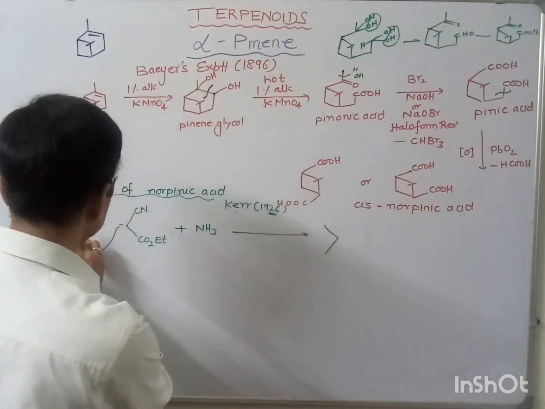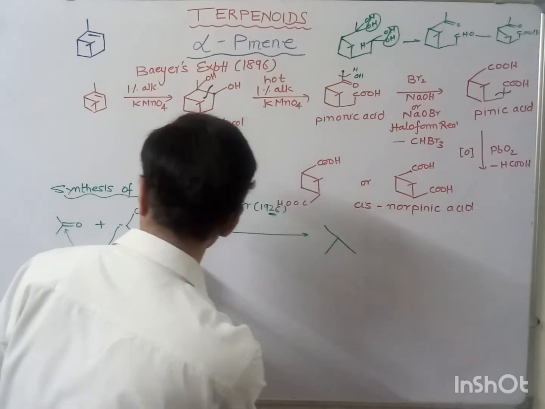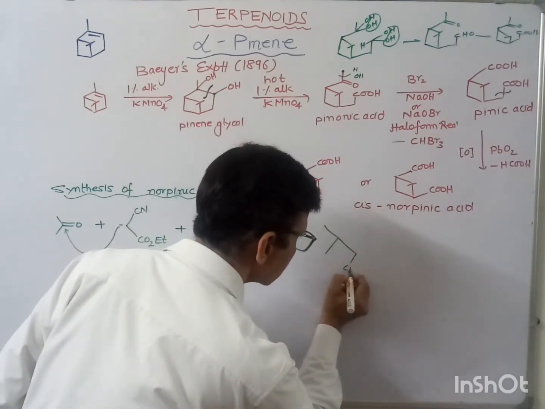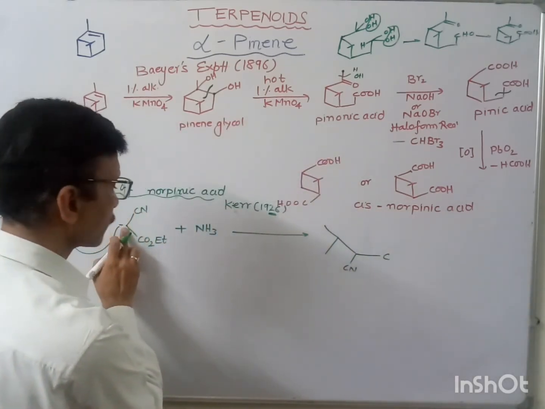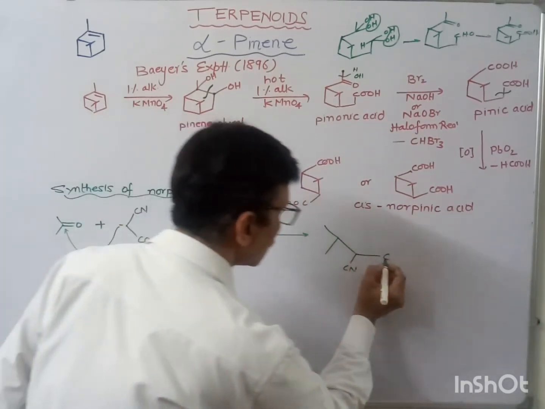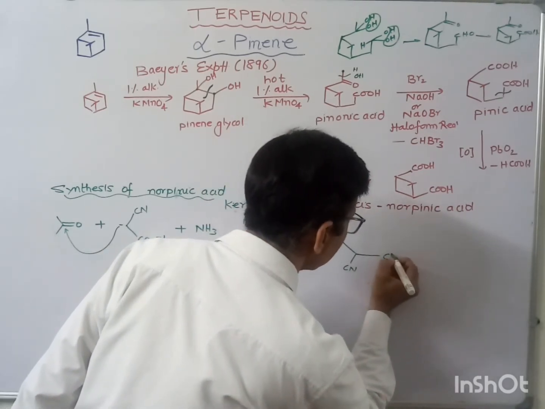Okay, so here on this acetone, one of these is CN, and this was CO, from this carbon, this COEt, so it was giving the COEt.